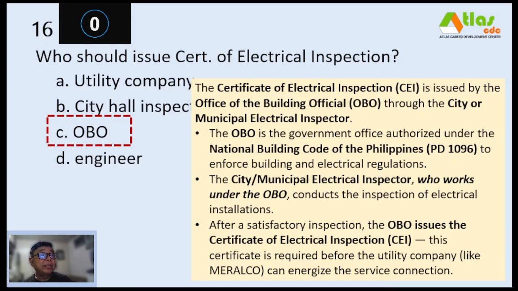The City Municipal Electrical Inspector, who works under the OBO, conducts the inspection of electrical installations. And after a satisfactory inspection, the OBO issues the Certificate of Electrical Inspection, CEI, and this certificate is required before the utility company like Meralco can energize the service connection.